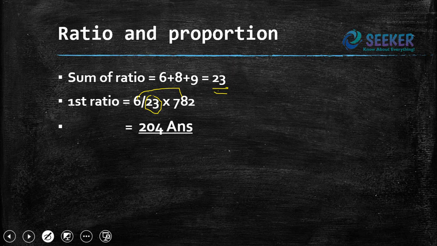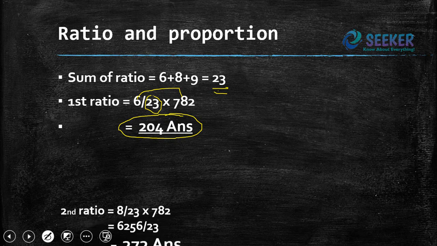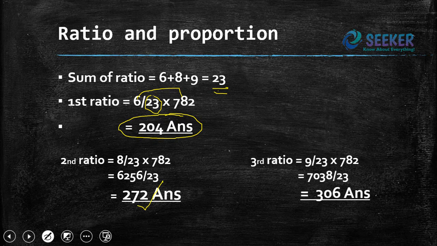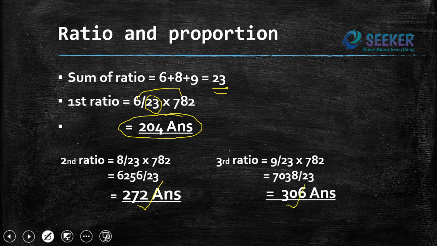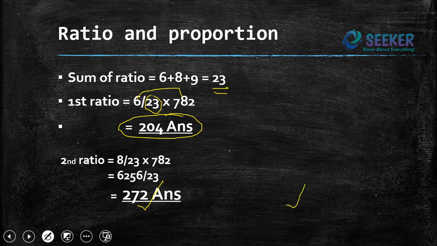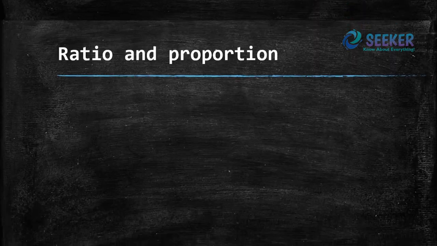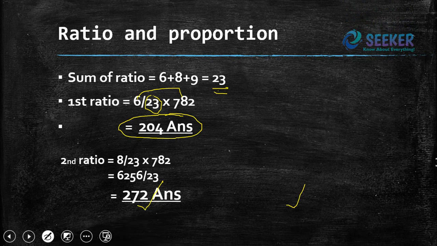So we will get this answer. The first term is 204, and similarly we can find the second term and the third term. In the question they asked to find the first part, but here we have also found the other parts as well.